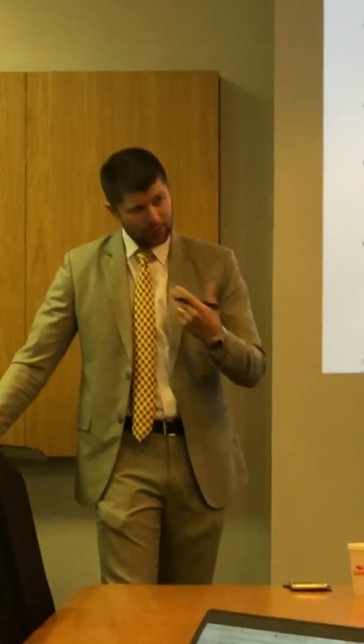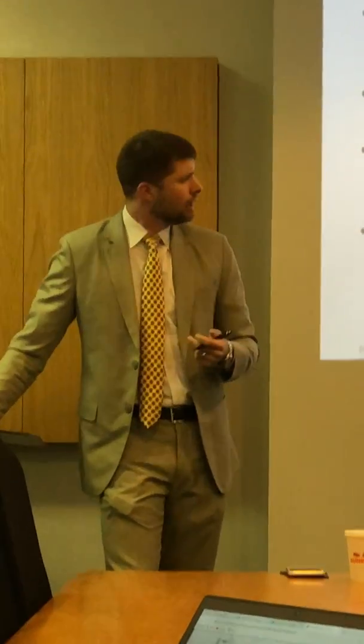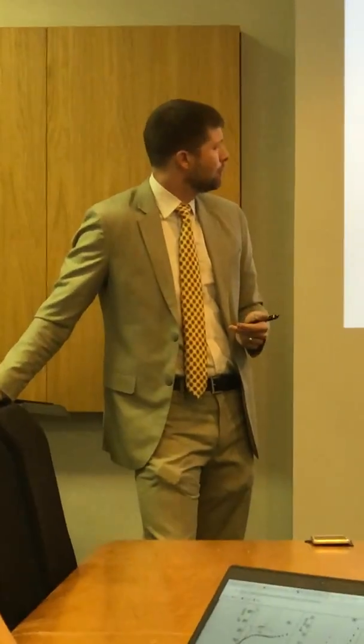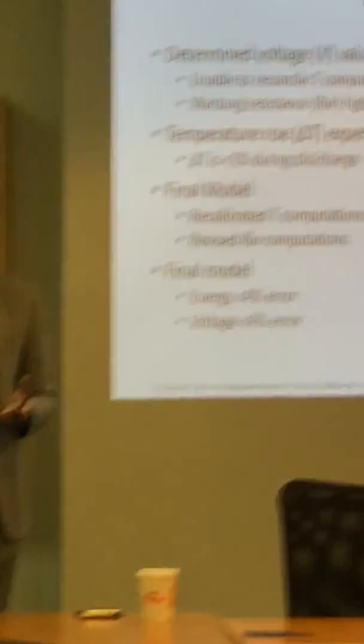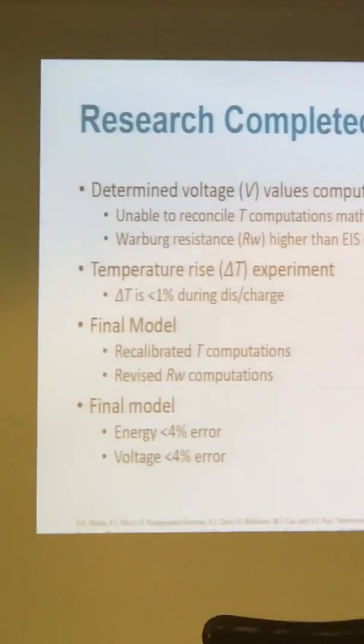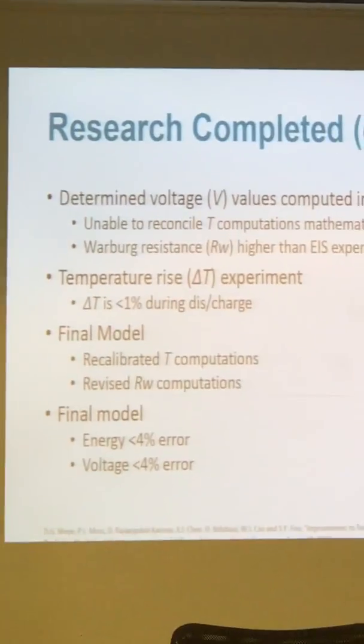Well, how did I do that? First of all, I had to do my own in situ temperature experiment. And then from that, I could recalibrate the model and came up with a way of improving my Warburg resistance calculations. So the final model that we have now predicts the energy storage of the device within about 4% error and predicts the voltage within about 4% error.